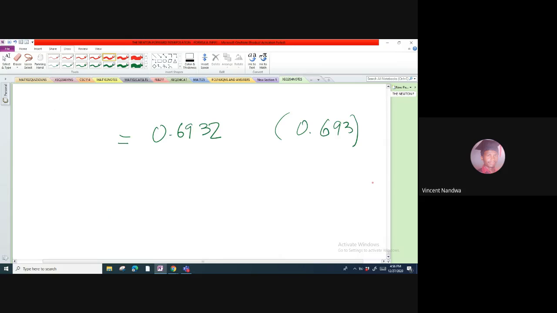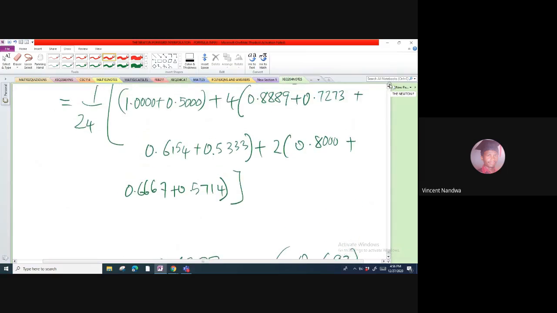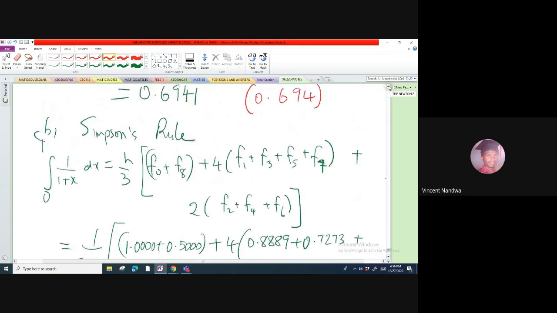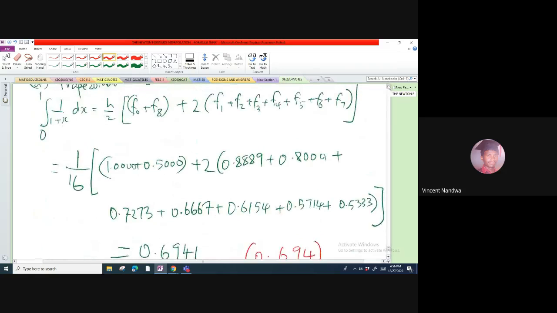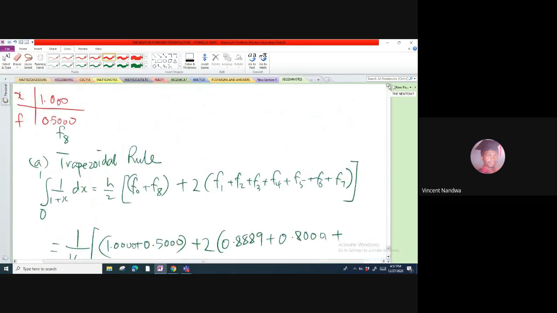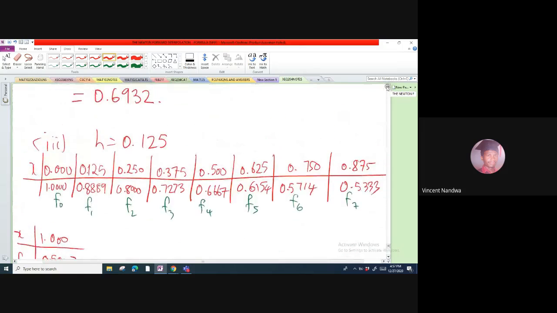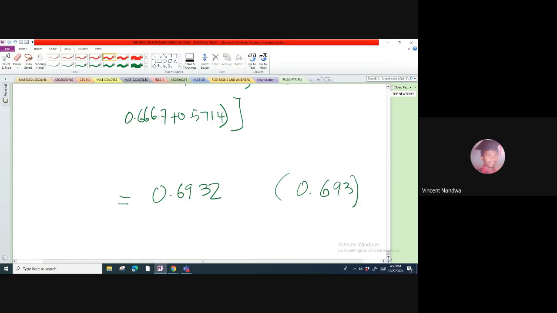At each point you round off your answer to the nearest 3 decimal places as required. So 0.693 is the answer that you need to put in. So that is how to work it out.